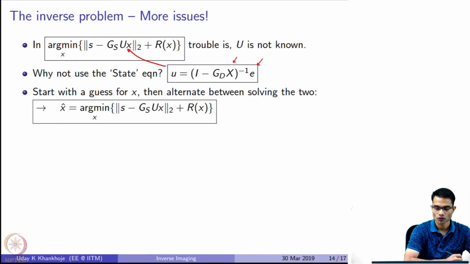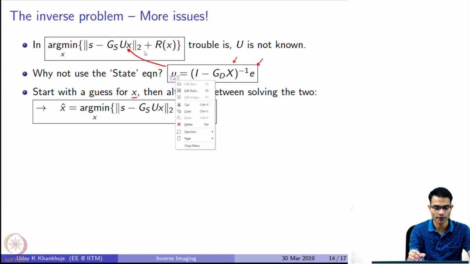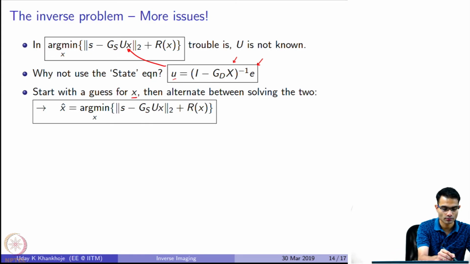Start with some guess for x, put it into this equation, get u from there, put that u into this equation, and then I am done. This becomes a problem only in one variable x, right? Sounds reasonable? I could do that, right?